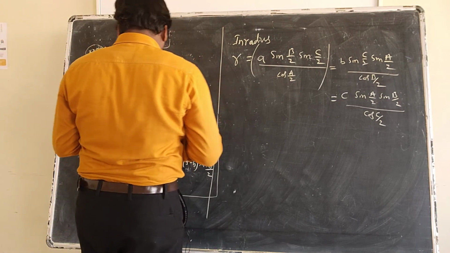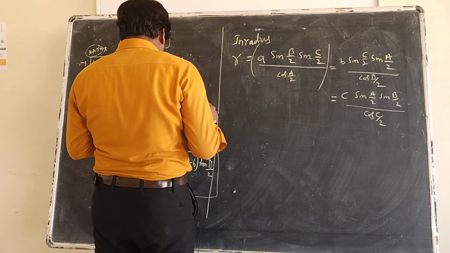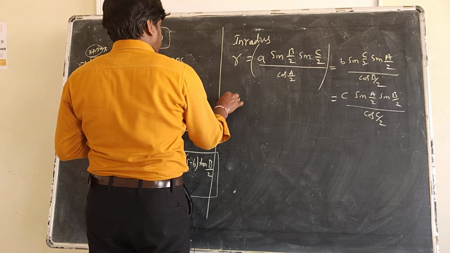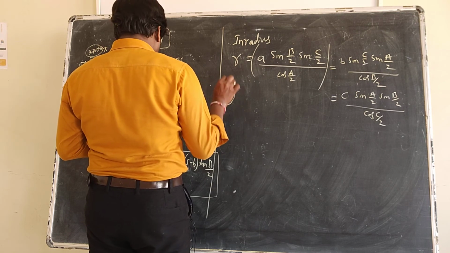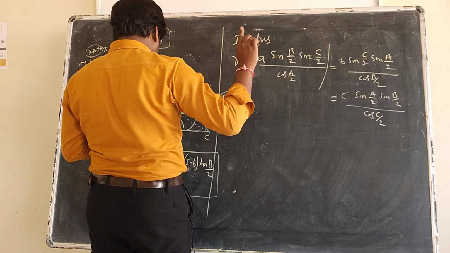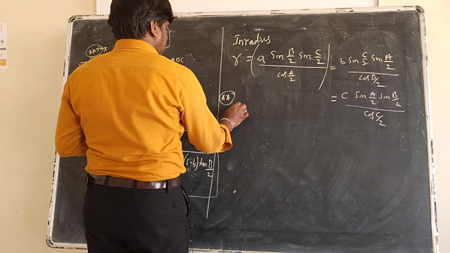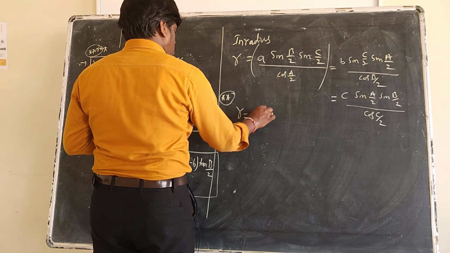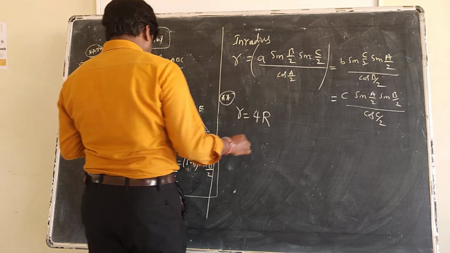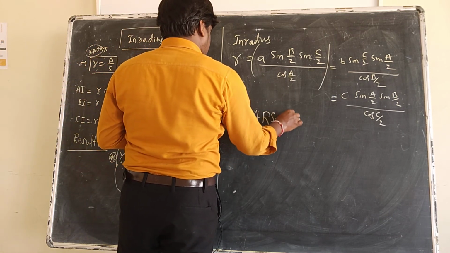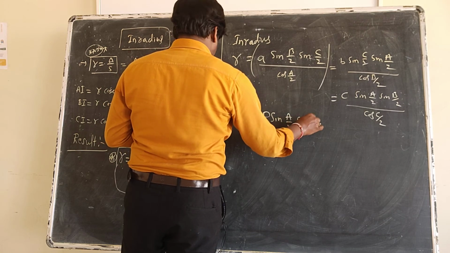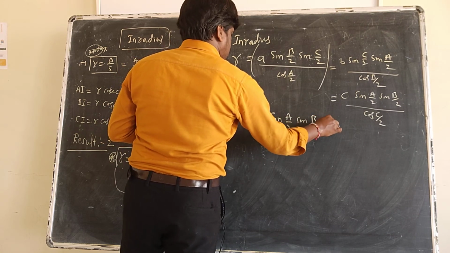Another formula is the last formula, and this is also most important. It is related to the relationship between capital R and small r, meaning circumradius and in radius. So r is equal to 4R, capital R, sin A by 2 into sin B by 2 into sin C by 2.